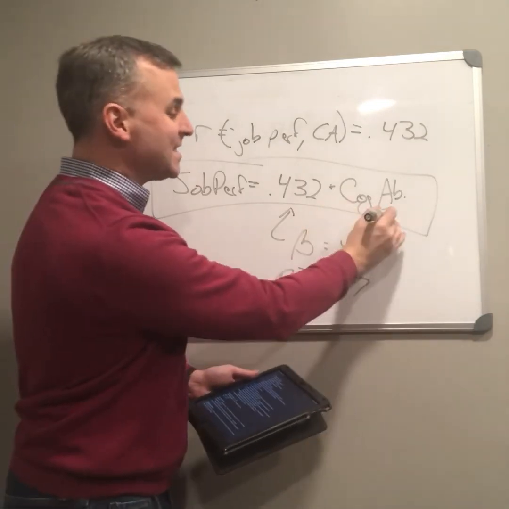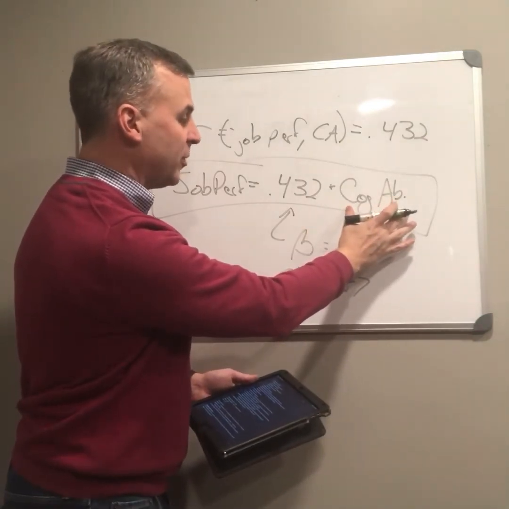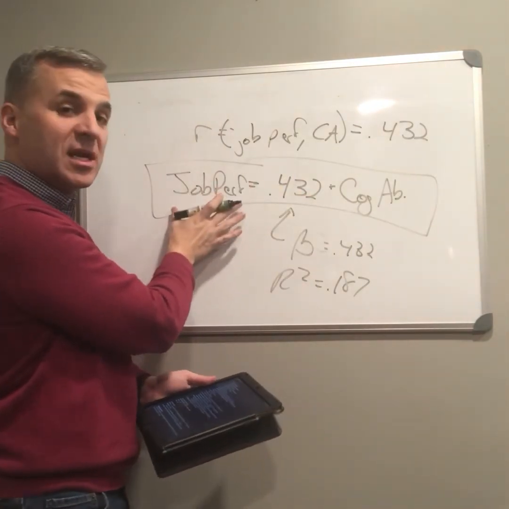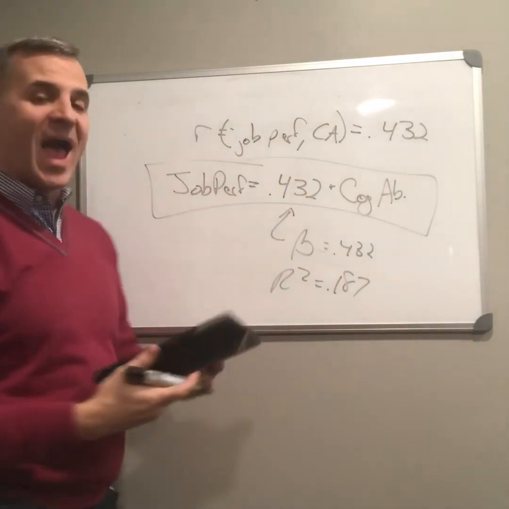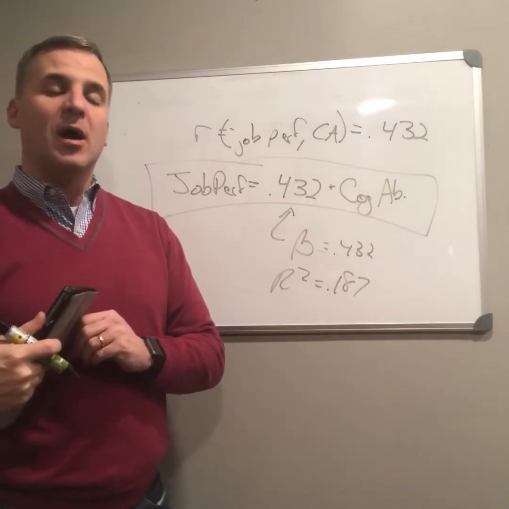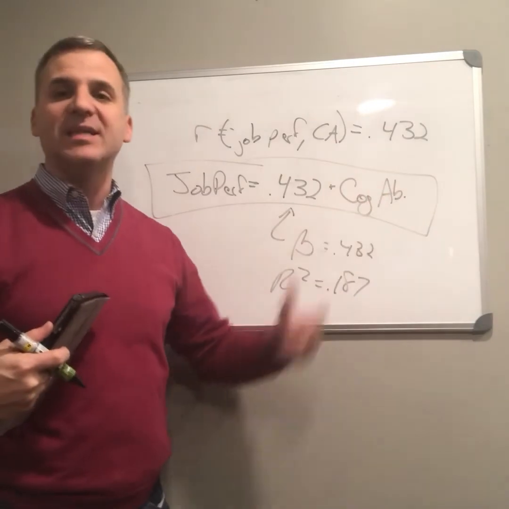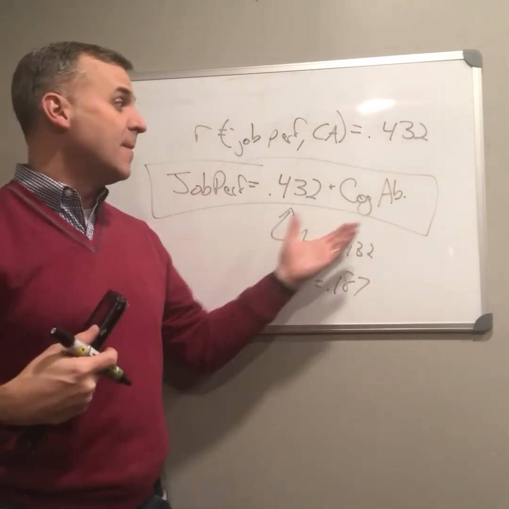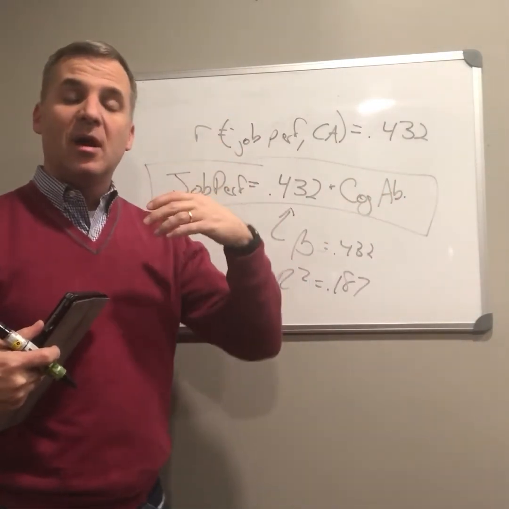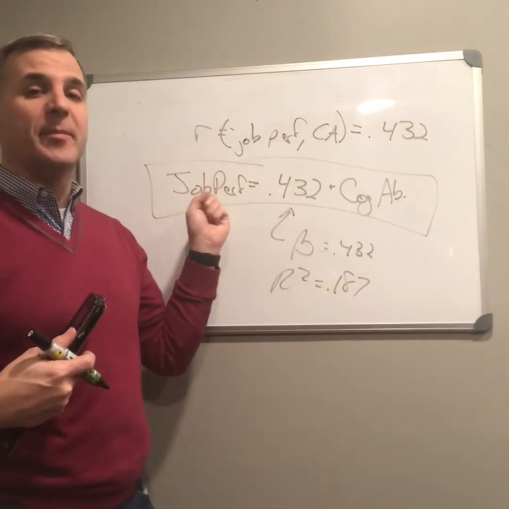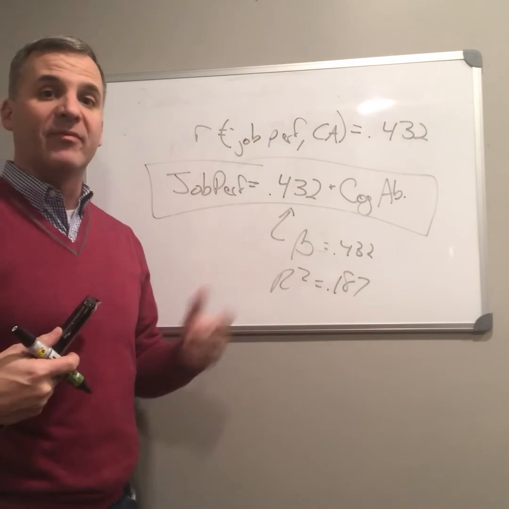So one standard deviation change in cognitive ability is equal to 0.4 standard deviation changes in job performance, right? If someone applying for a job has cognitive ability that's a full standard deviation above the average, their job performance will be about half a standard deviation above everyone else.